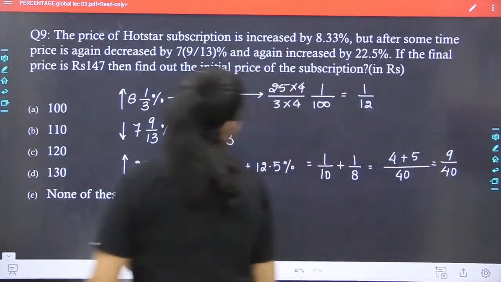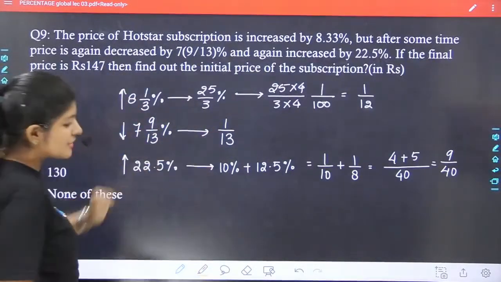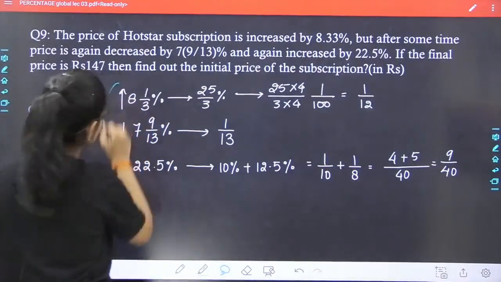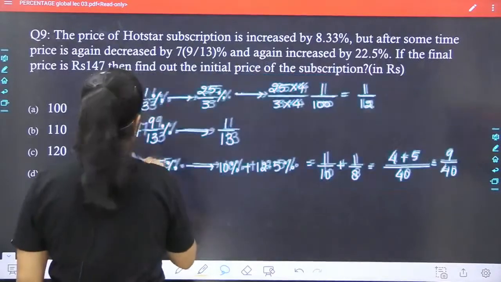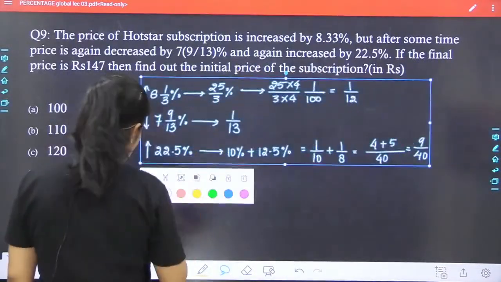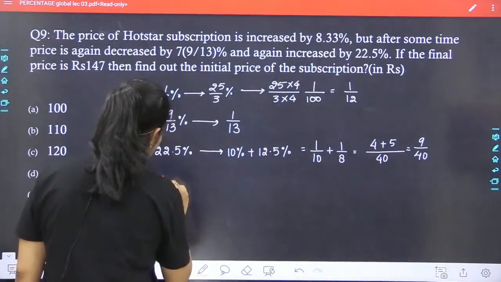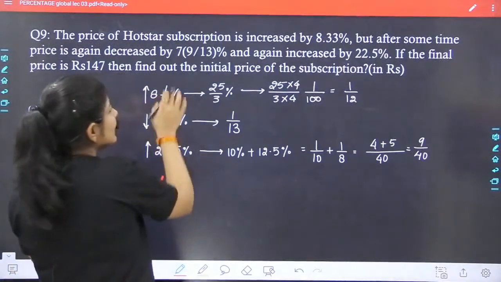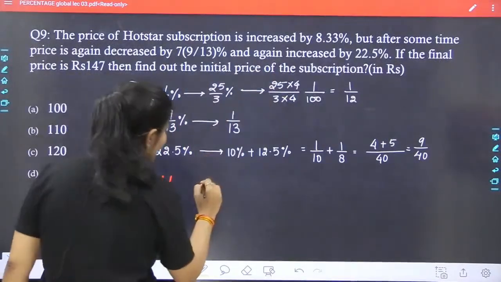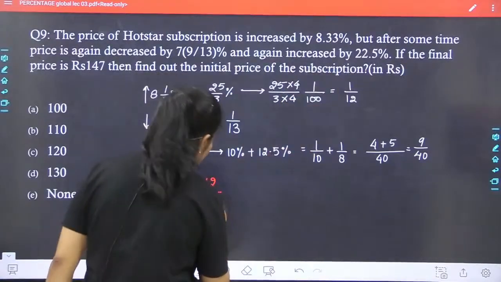Okay. So we simply converted our percentage into fractions, right? Now if we have to write down our old and new ratio, initially the price is increased by 1. So if the price is equal to 12, it is increased by 1 and it will become 13.